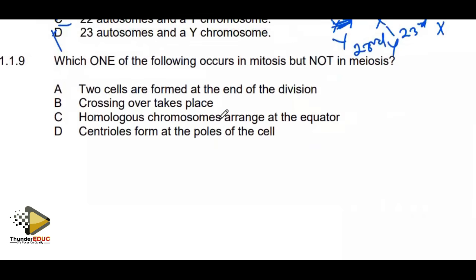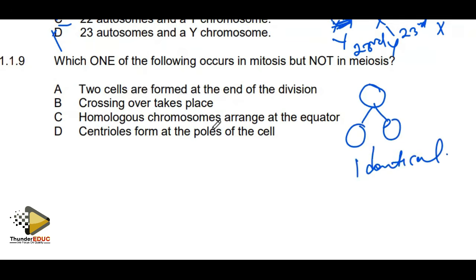Then the next question is saying, which one of the following occurs in mitosis, but not in meiosis? When you talk about mitosis, you have one cell. One cell will divide to form two cells, but these two cells are identical.